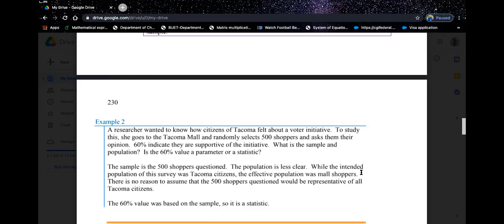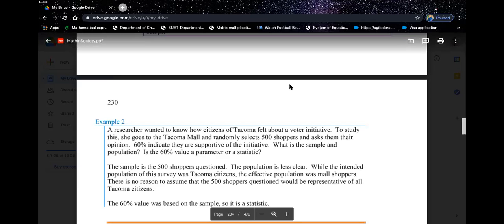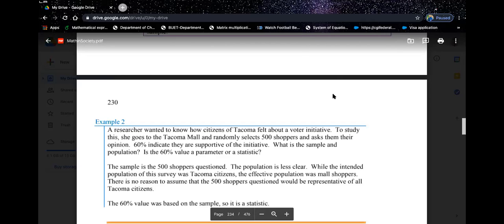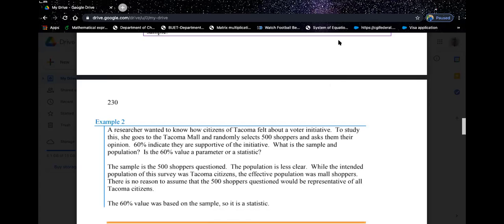All right, so next question is 60% of them indicate positivity, they're supportive of the initiative, and this 60% is from those 500 shoppers, right? Those 500 shoppers signify the sample.